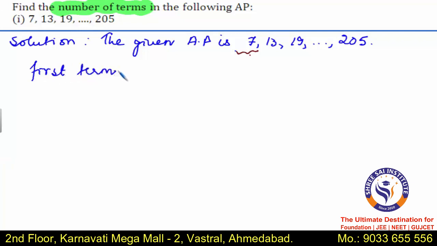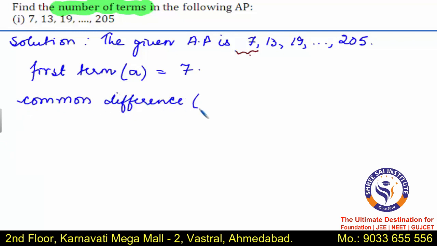Let us denote it by A, and this is equal to 7. Now let us find the common difference. Denoting it by D, this can be obtained by subtracting any term from its succeeding term, that is 13 minus 7, or we can also subtract 13 from 19 and so on, and this is equal to 6.